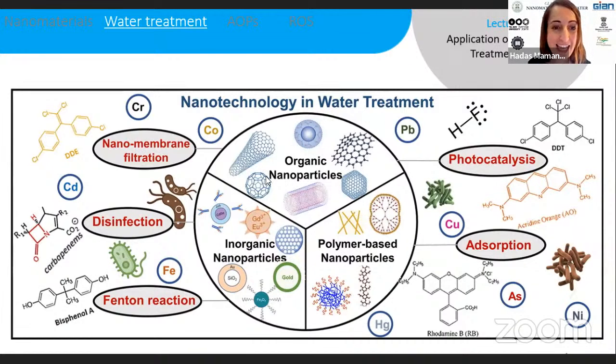Now, this nanotechnology can be implemented in various ways: in nanomembrane filtration, in disinfection, in Fenton reactions, in adsorption, and photocatalysis. So nanotechnology for water treatment has huge potential. Again, if we take it to the next stage, the next level of implementation.